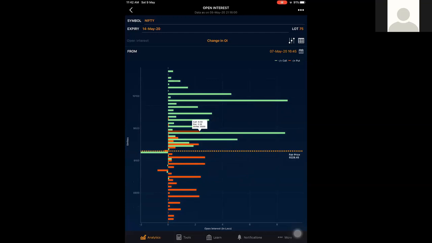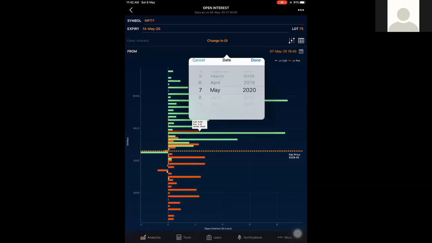Okay. Now, one important thing if you are a serious option trader, what you need to look at is the change in OI from a custom time. There could be a possibility that something has come up during the day, because of which the entire structure has changed.